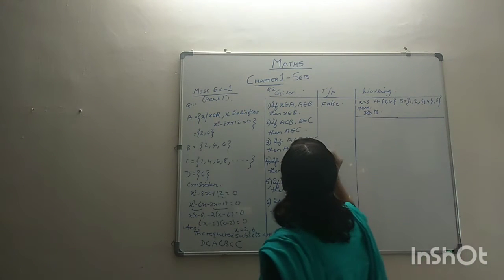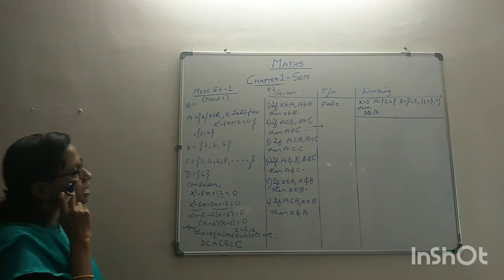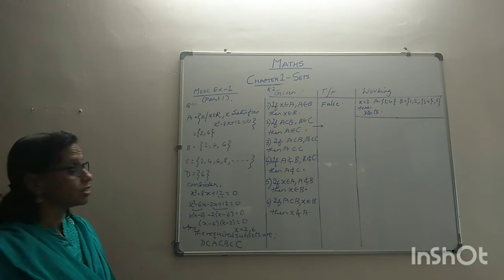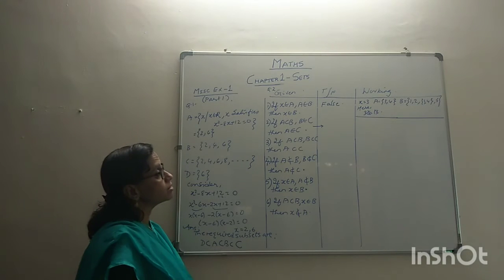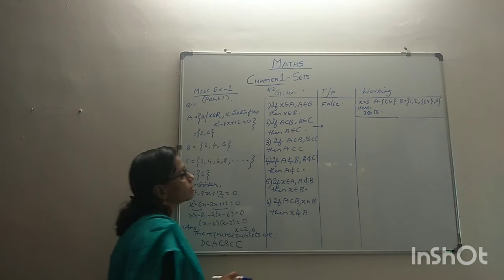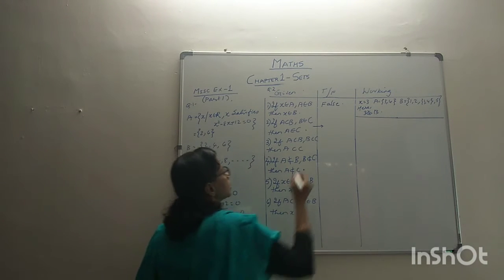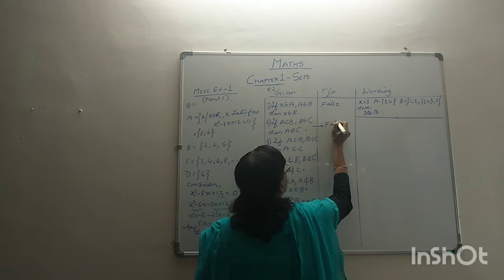Right. So then we come across this one. If A is a subset of B and B in turn is belonging to some C, then whether A is belonging to C. Again, that's a false statement. Let's see how.